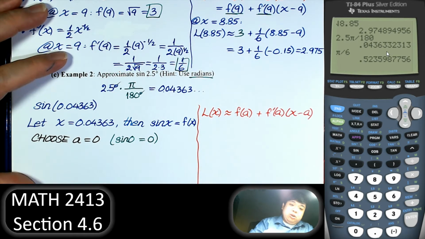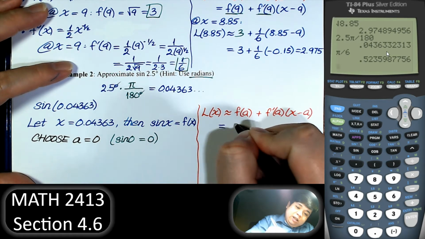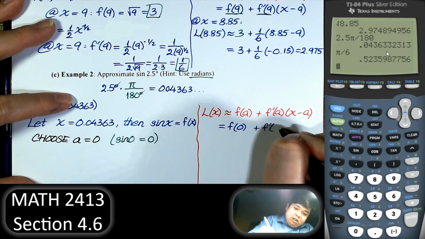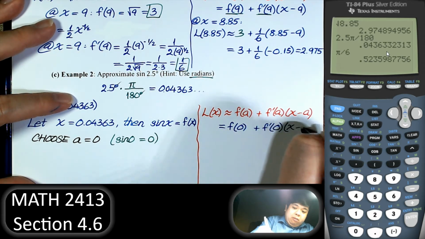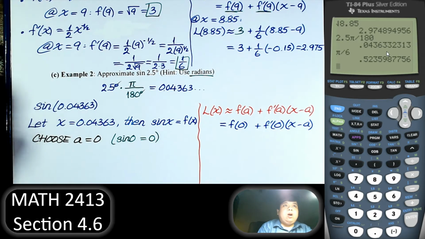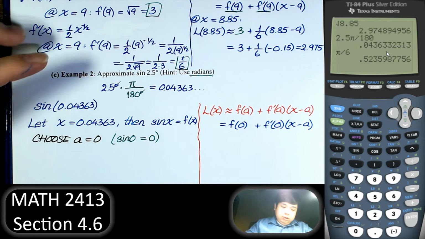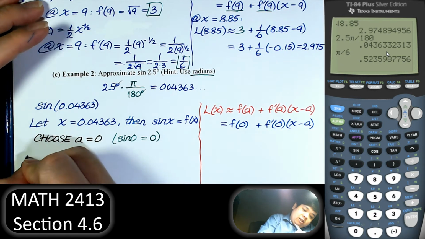Right, so I have everything. We can just substitute in here: f of a, which is f of 0, plus the derivative at 0 times x minus a. Now the function is sine x.